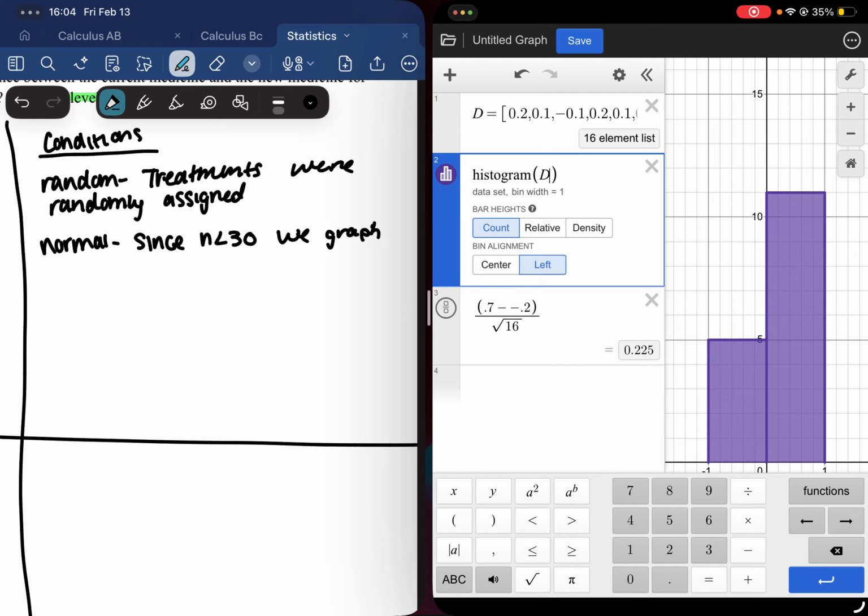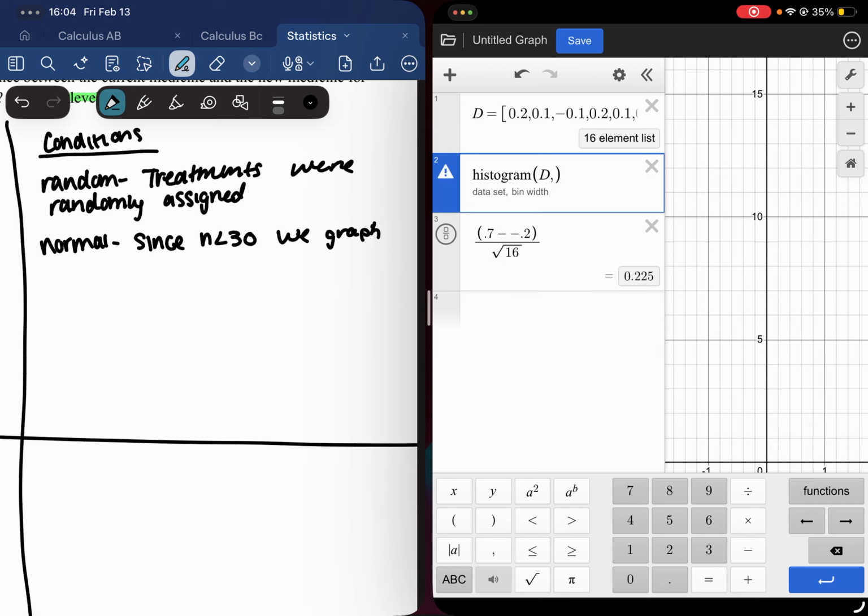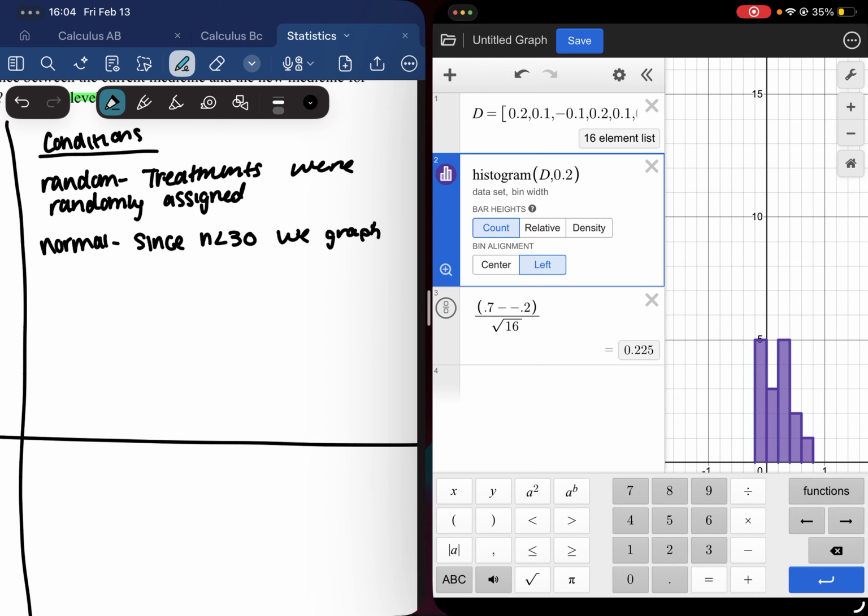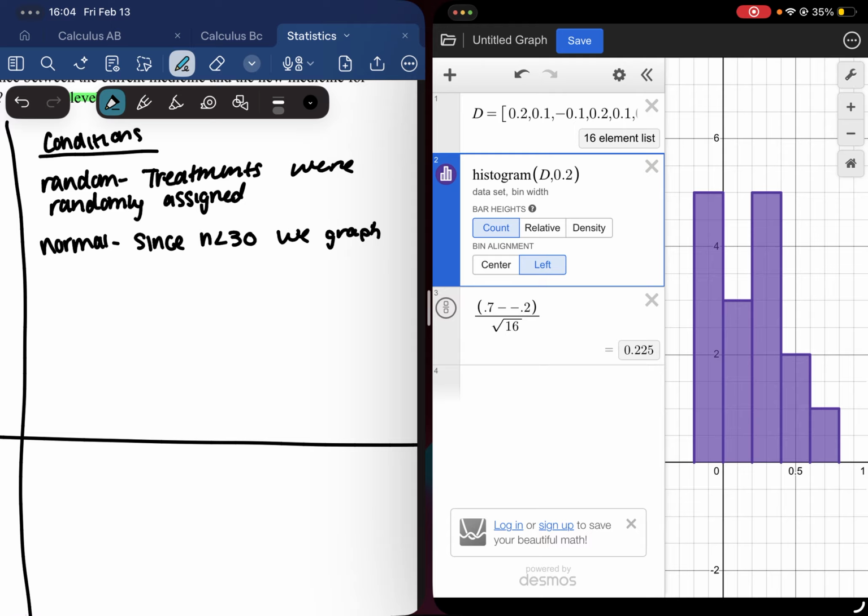0.225. So then I'm going to check that for my bin width. We already know 1 doesn't work, so let's see if I plug in that decimal. Yes, so if I plug in the decimal 0.2, I get the following graph. So then I'm just going to graph it off to the side.